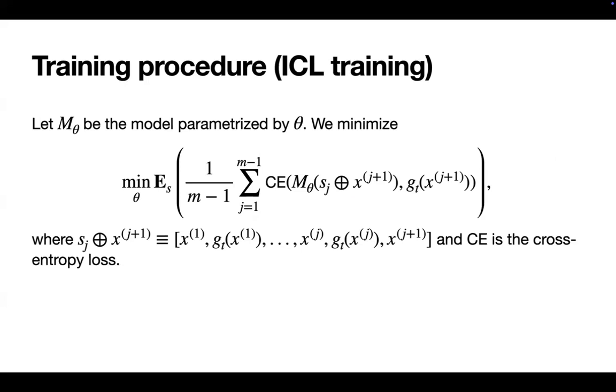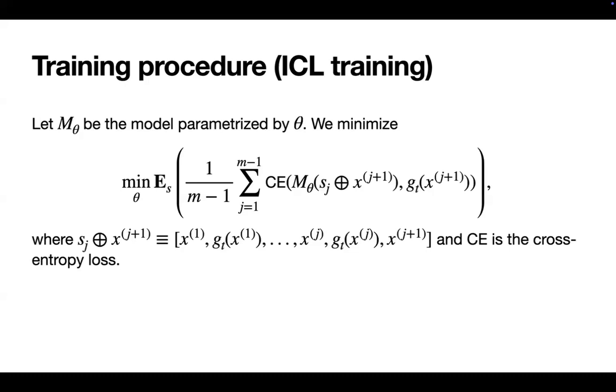We consider n minus 1 inputs, where each input has length j, where j is from 1 to n minus 1. For example, x1, gt x1, x2 is the first input, and x1, gt x1, x2, gt x2, x3 is the second input. Then we have n minus 1 of them.